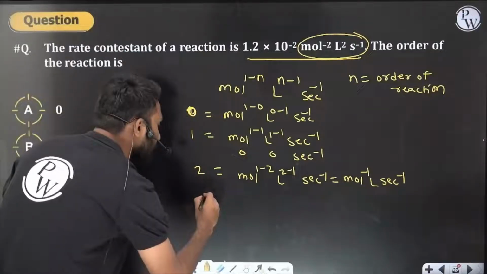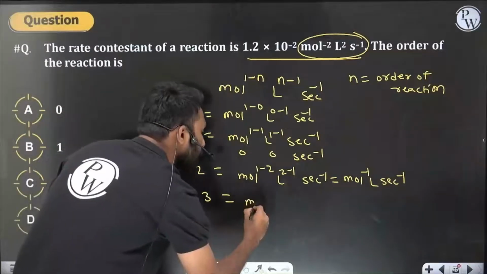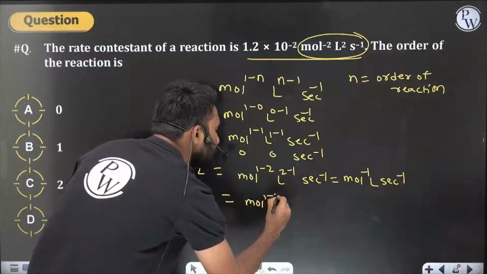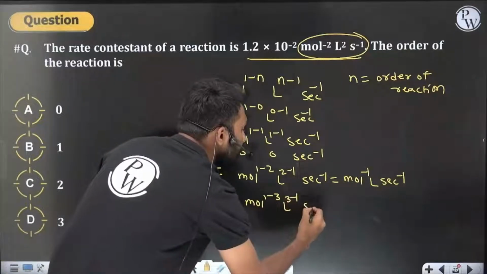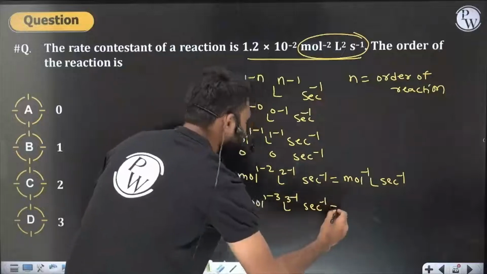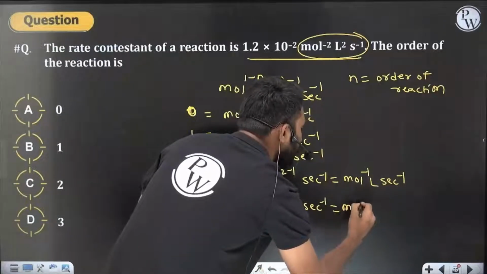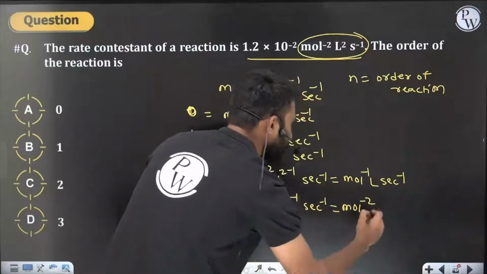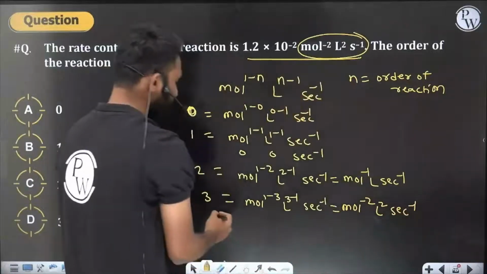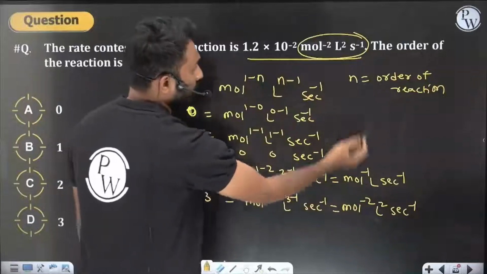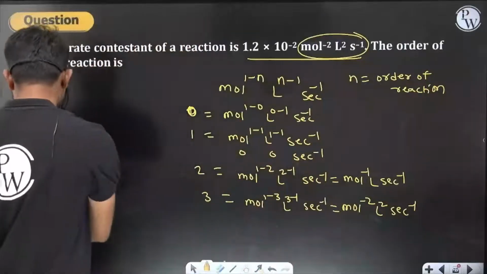Now if it is a third order reaction, then it will become mol 1 minus 3, liter 3 minus 1 and second inverse. Then it will become mol raised to minus 2, liter square and second inverse. Is this unit matching with the given one? Yes, right? So the order of the reaction will be 3.